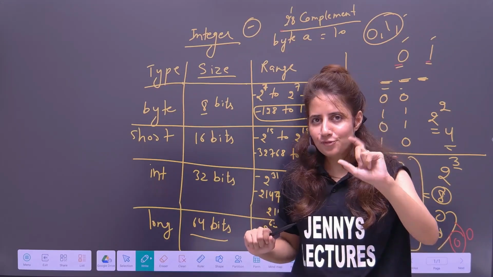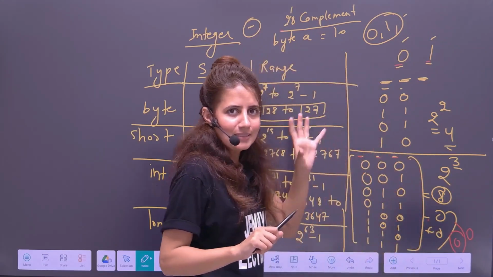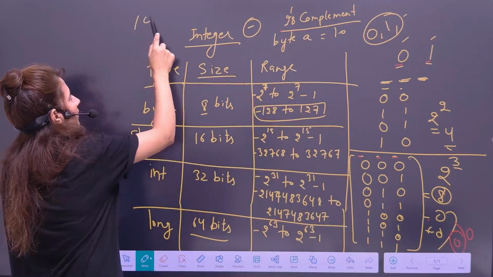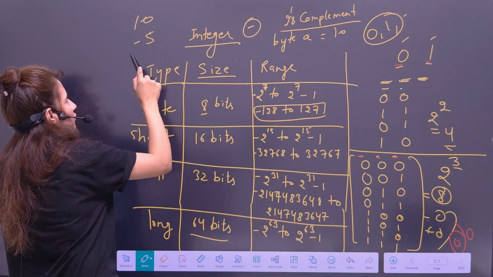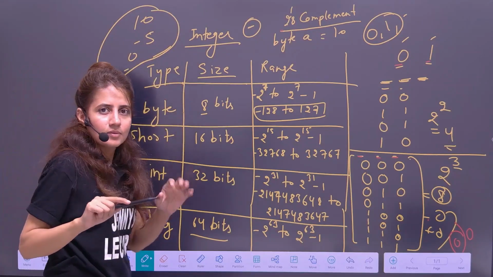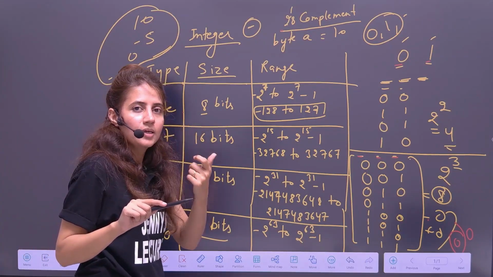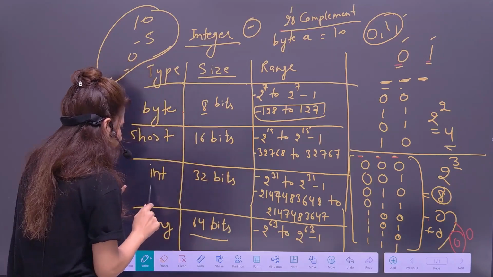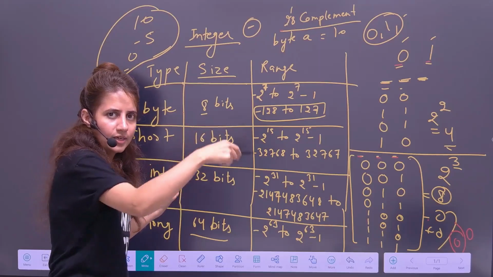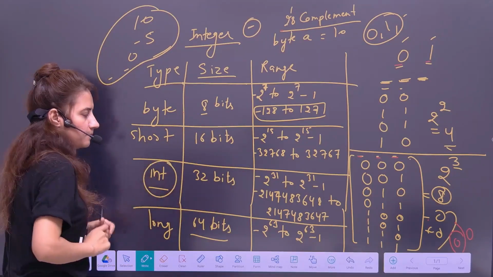But by default, whatever integer you store, whether it's 10, minus 5, 0, or a very big number, it would be considered of type int. I mean, the default type of all integers is int.